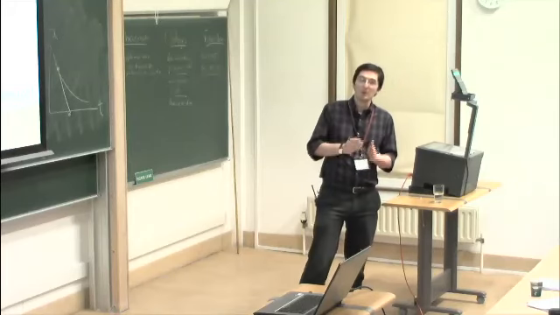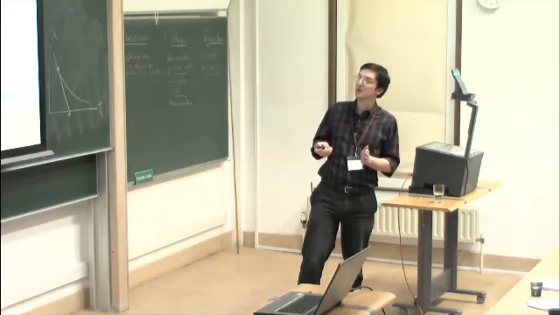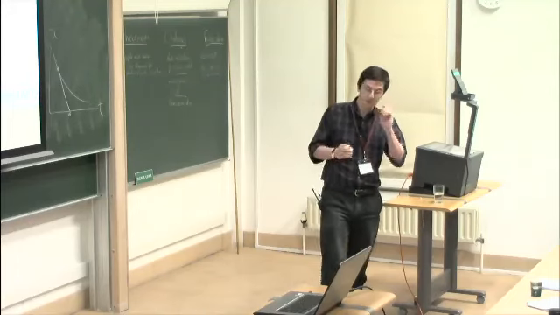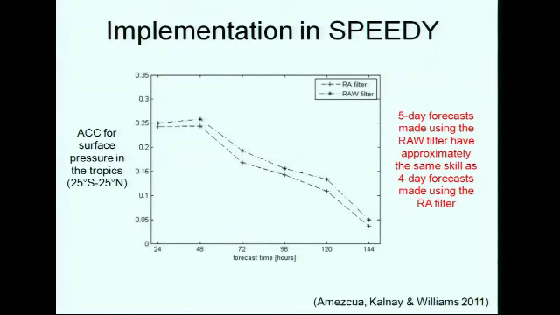The ACC is the anomaly correlation coefficient, which is a skill score for surface pressure in the tropics based on pattern correlations. And not surprisingly, the further ahead you try to forecast in time, the lower is the skill score. We all know that 4, 5 and 6 day forecasts are not as skillful as 1 and 2 day forecasts.